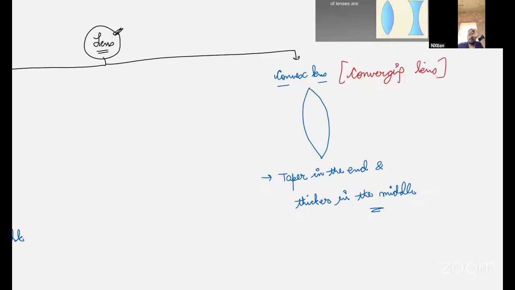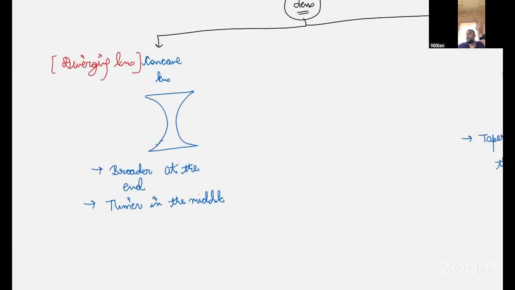Oh, my bad. So write it down on the top of your copy. Concave mirror equals converging mirror. Write it down. Abraham, are you writing? Concave mirror equals converging mirror.